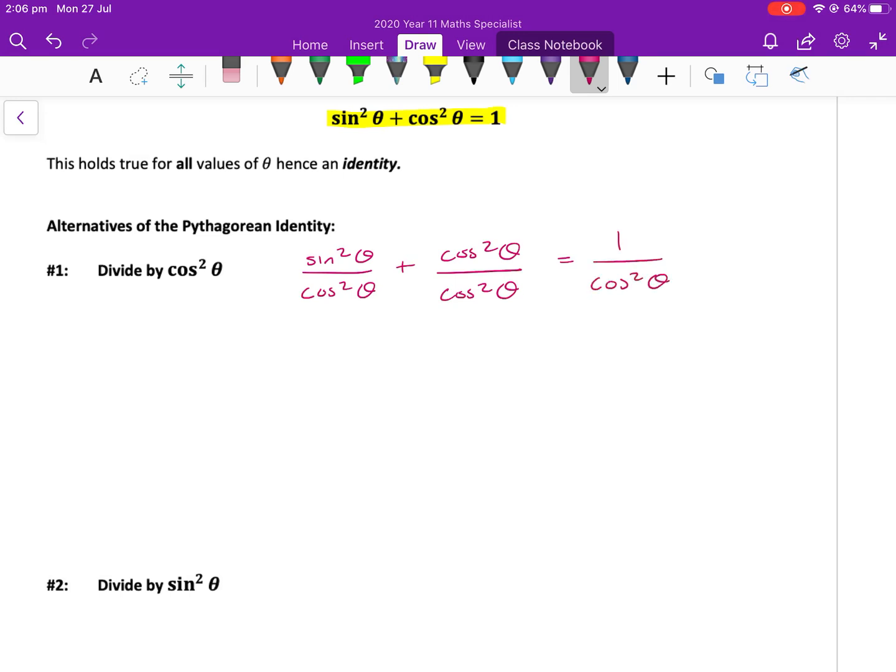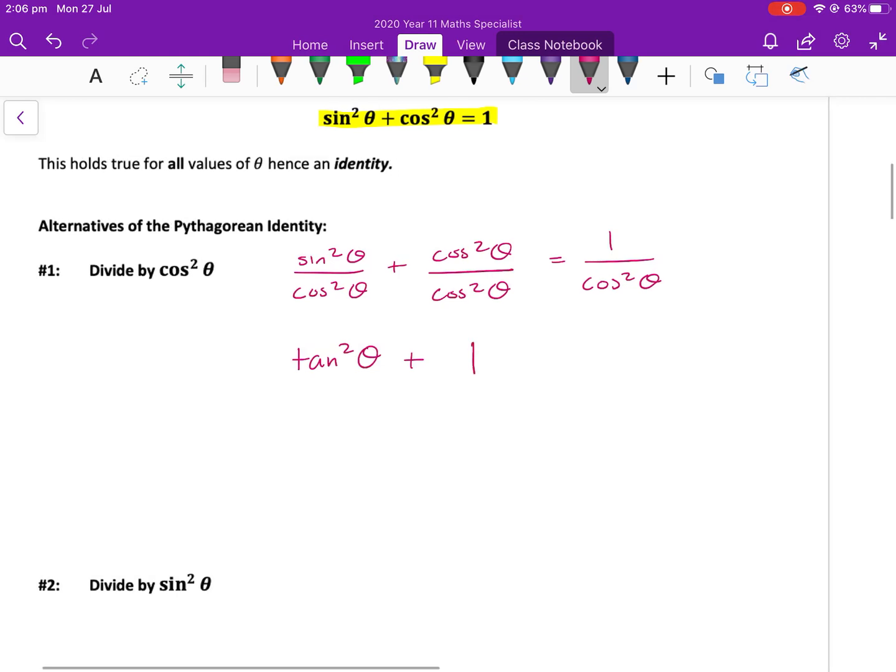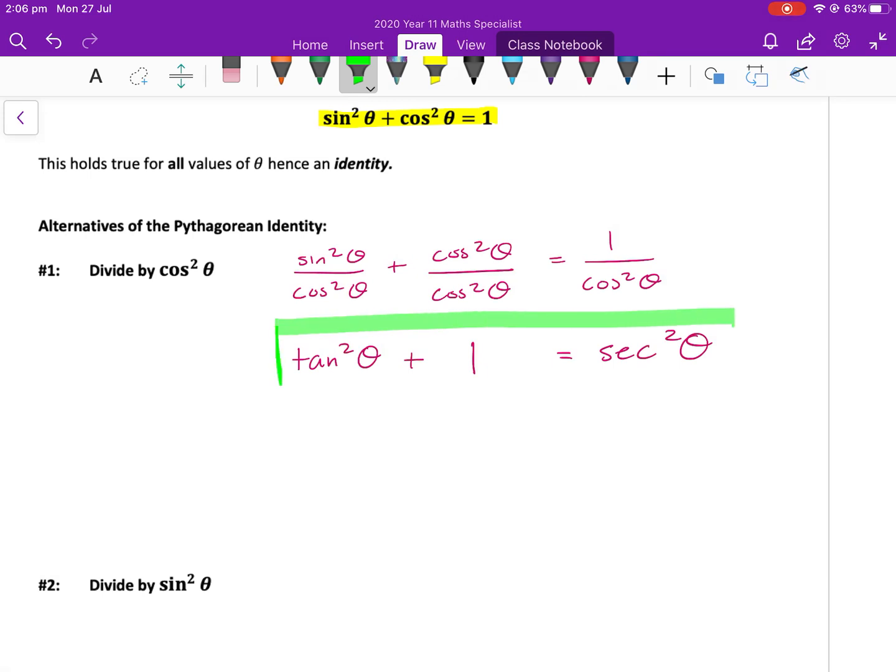Now we know sine squared theta over cos squared theta is tan squared theta, and cos squared theta over cos squared theta is 1, and 1 over cos squared theta will be sec squared theta. And what we've come up with is an alternative to the Pythagorean identity.